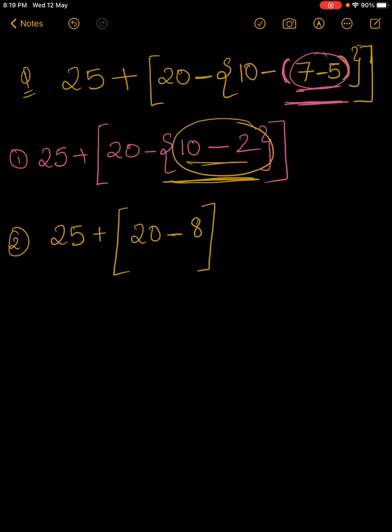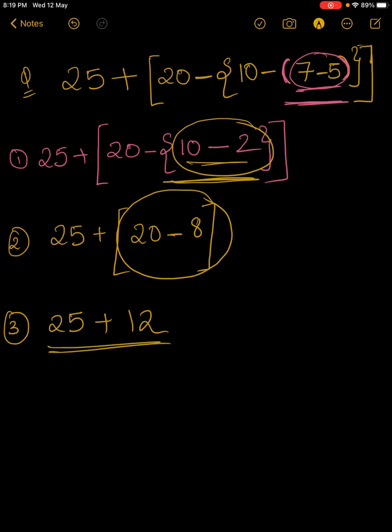And then finally I have my square brackets left. Now again, this would be the last part that we would solve. This makes step number 3 as 25 plus 20 minus 8 is 12. And now we are left finally with 25 and 12. That gives us 37 as our final answer.